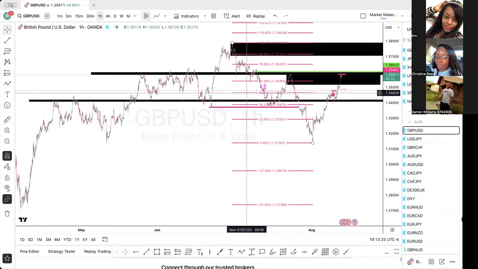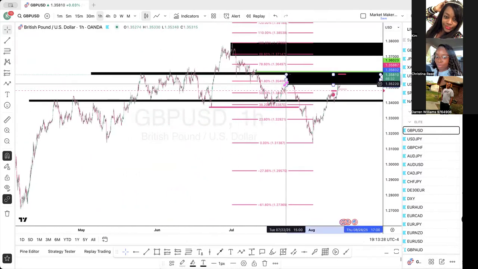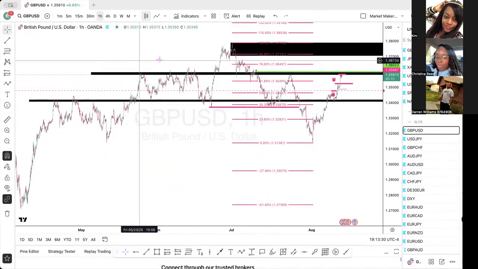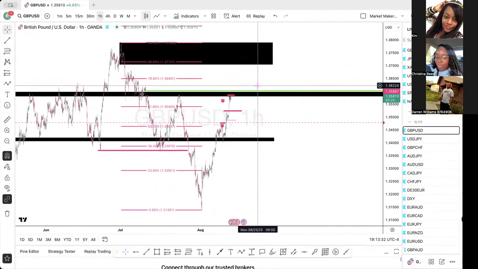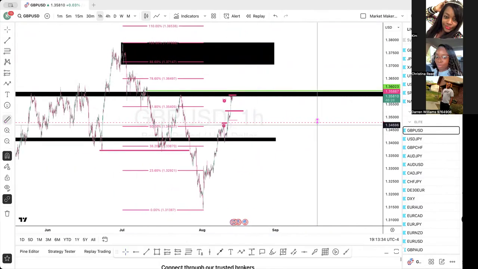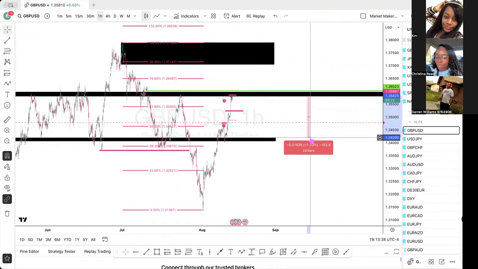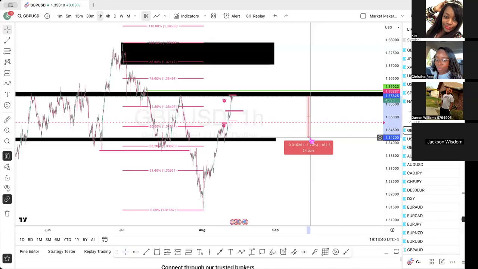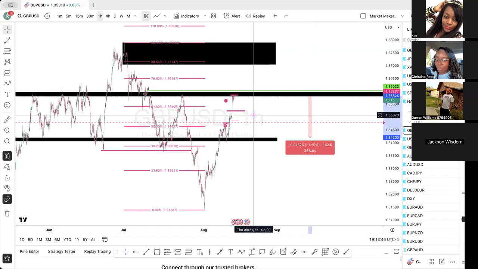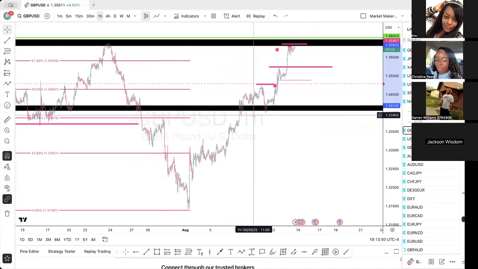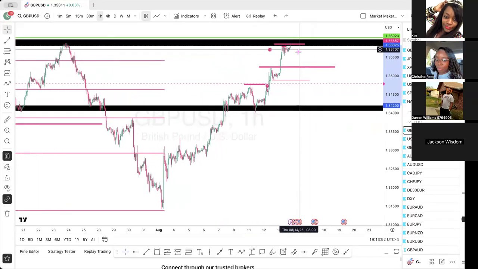You really have to find it overall. So I personally like to, now this is on the 1 hour, right? So I'm looking at it on the 1 hour. That's 162 pips from one zone to the next zone. That's more than enough. But you still have to know market structure. Just because it's at this zone doesn't mean it's going to sell back down to here.